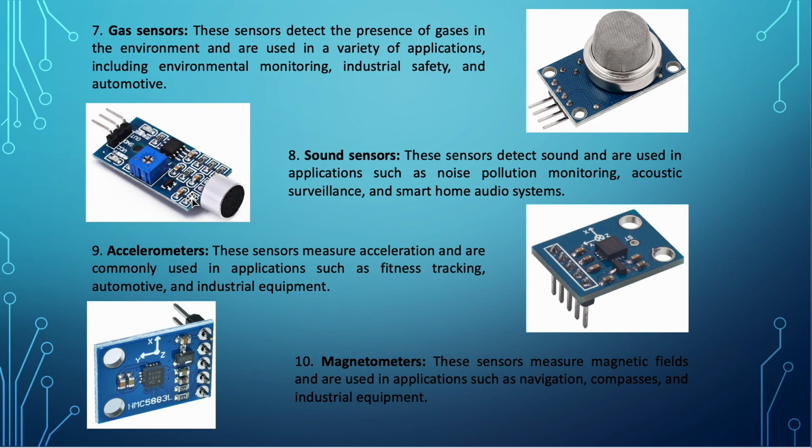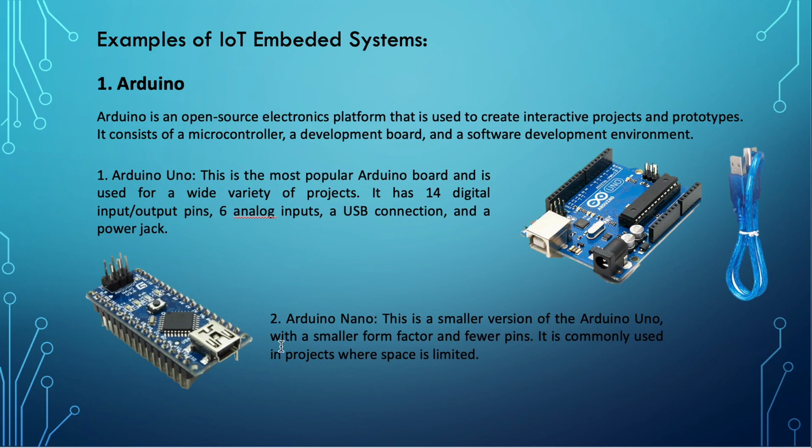Let's say you're going to build a simple project using a sound sensor. You will see the requirements to detect what kinds of sounds and so on. Then when you select that sensor, make sure that the information is available from the internet for you to use that sensor with the correct embedded device.